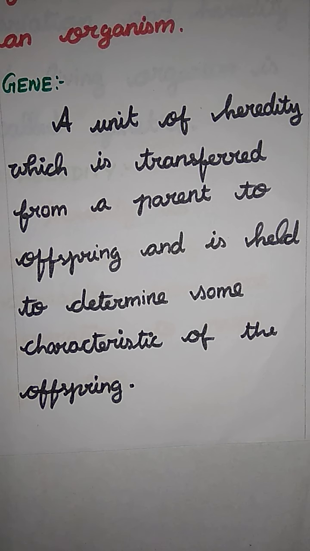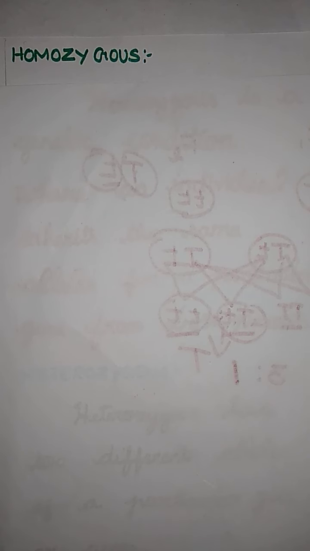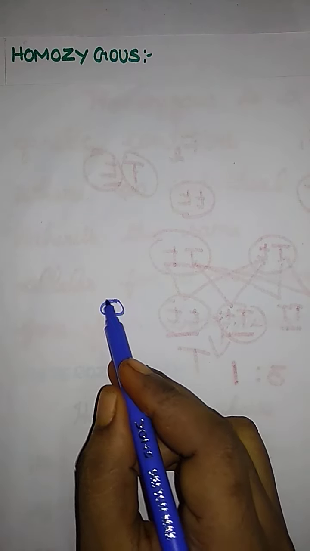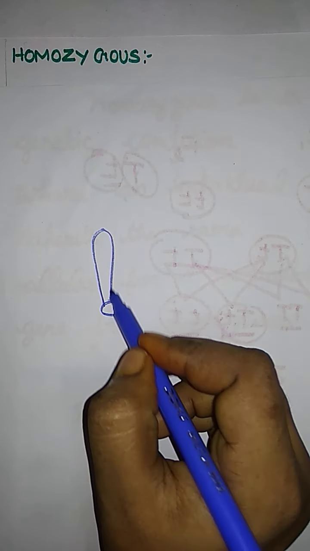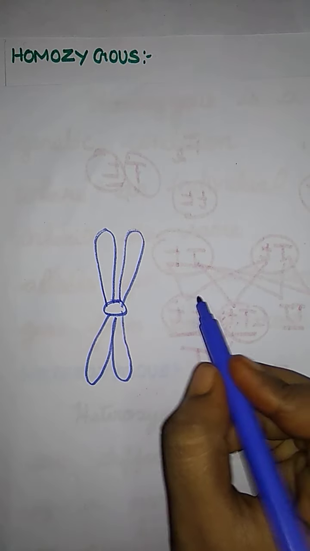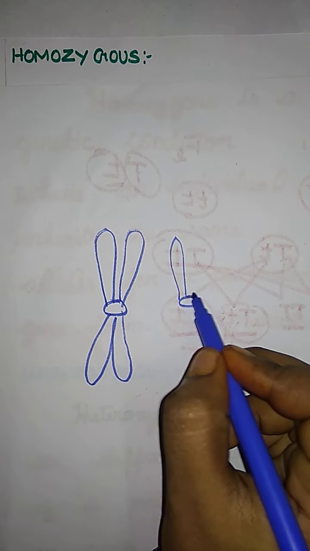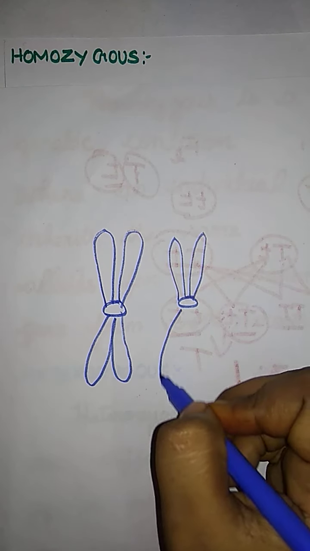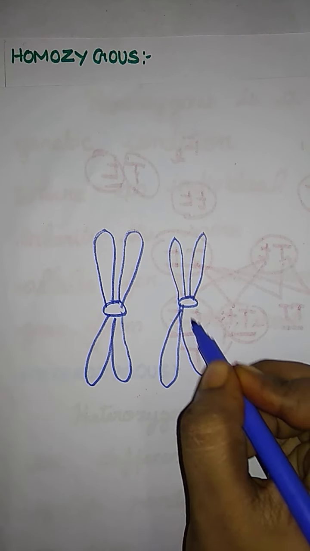Let me move on to the next topic, which is homozygous. Homo means single. Before the definition, just know that here this is the chromosome, and here is another chromosome.